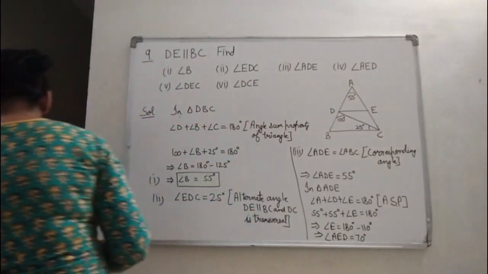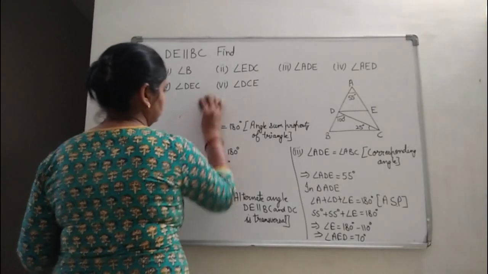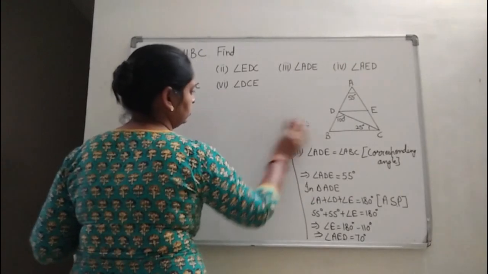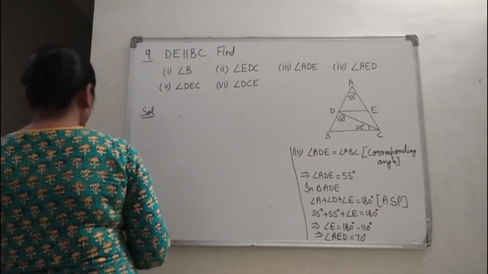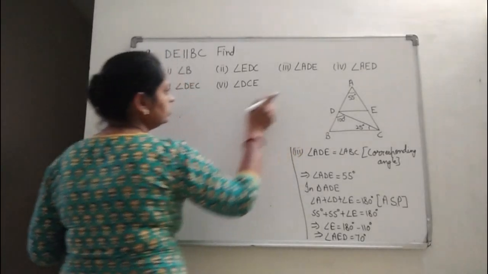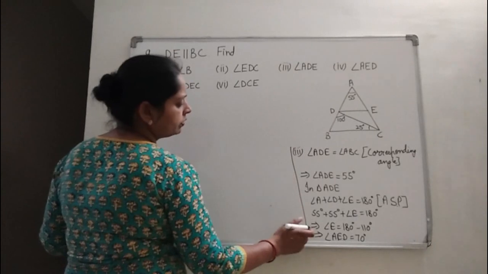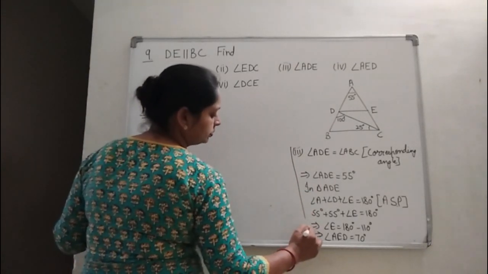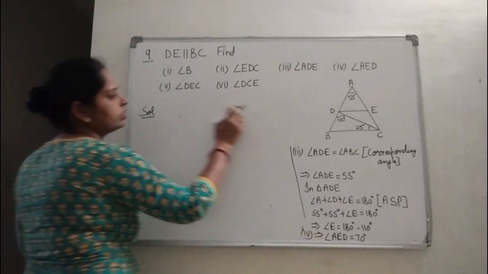Now see the fourth part. For the fourth part they are asking to find the measurement of angle AED, which we have already done. Now see the fifth part, angle DEC.